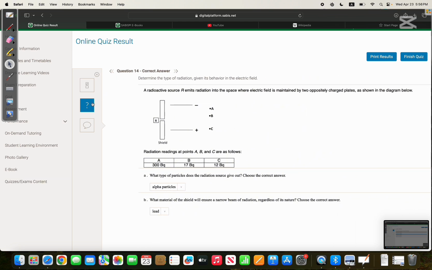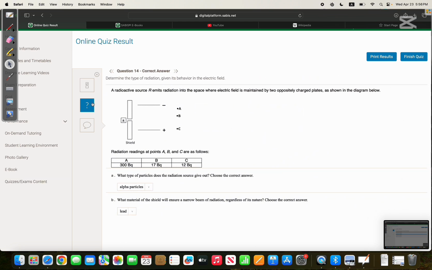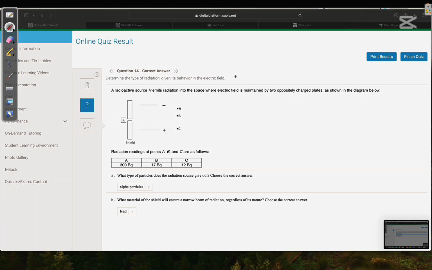Number 14. A radioactive source R emits radiation into the space where an electric field is maintained by two oppositely charged plates, as shown in the diagram below. We know that alpha is positively charged, which is why it will be attracted to the negatively charged plate, which is why here it's alpha.